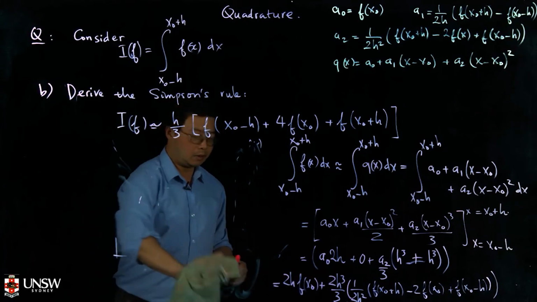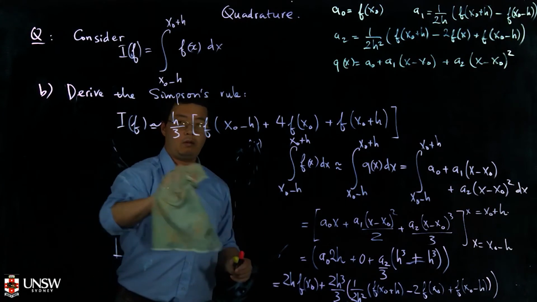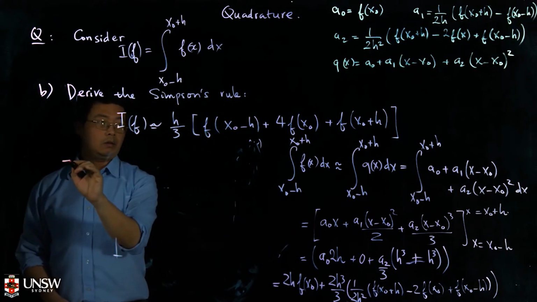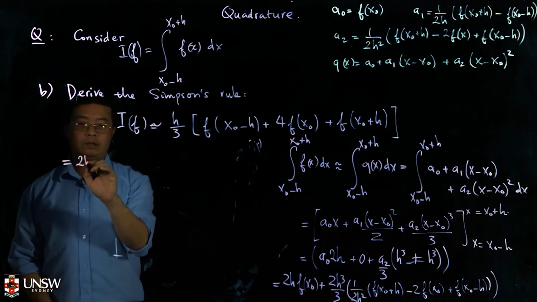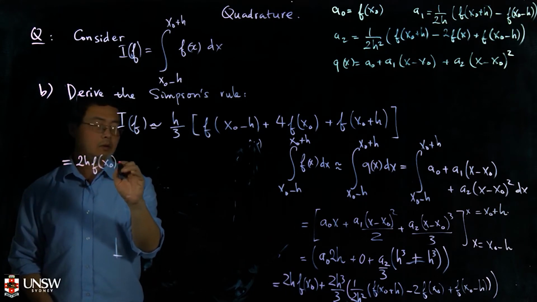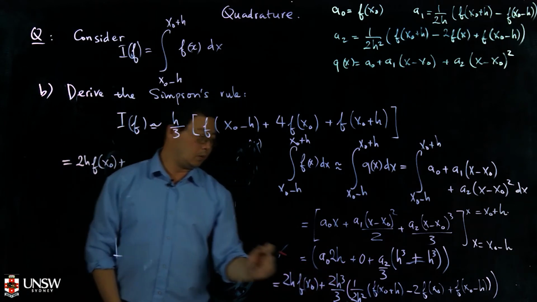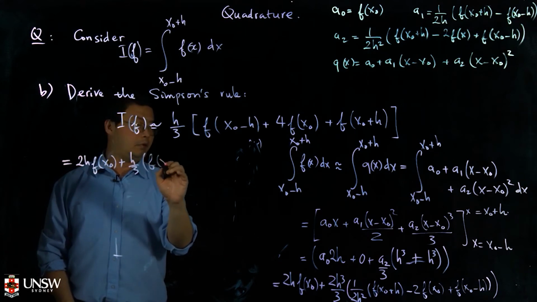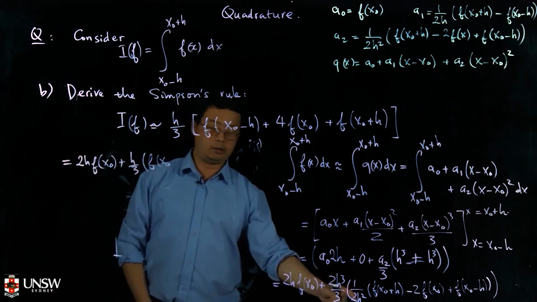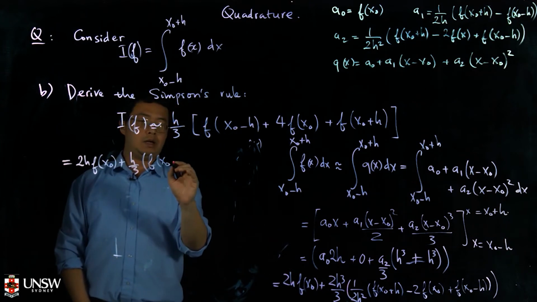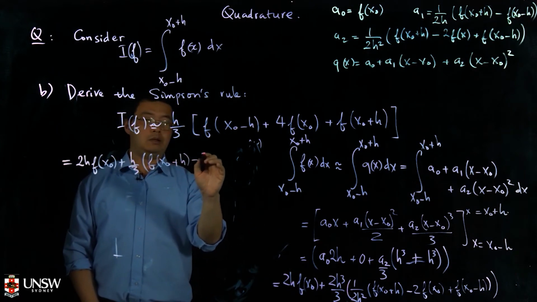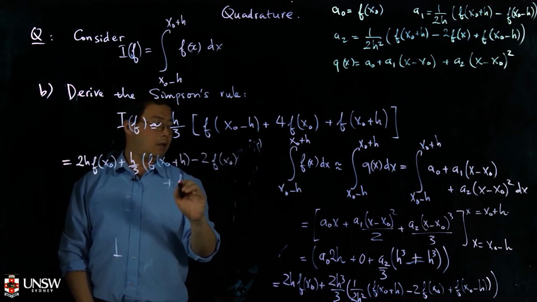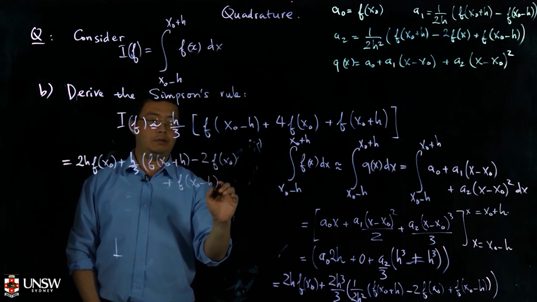We collect the terms. So here I have 2h f(x0) plus h over 3 times f(x0 plus h) minus 2 f(x0) plus f(x0 minus h).